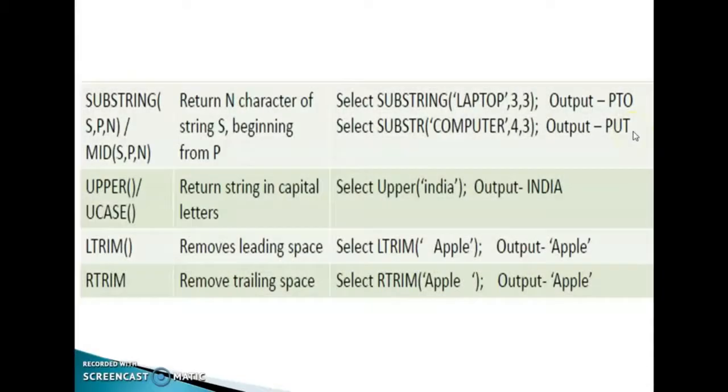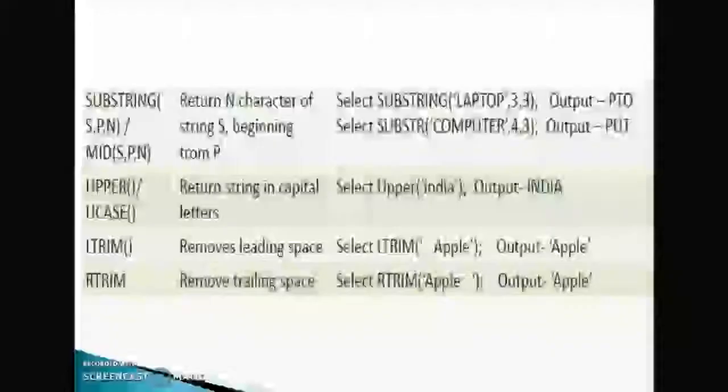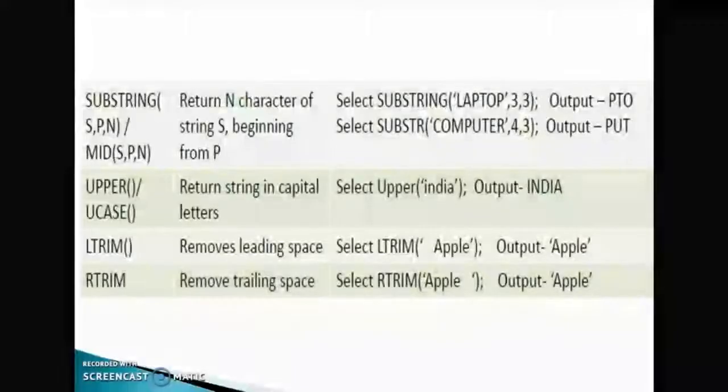Clear? This is substring. Okay, then the next one is upper and UCase. You know about this. It will output capital letters. Anything we can pass to this upper function, we can see all of it in capital letters.